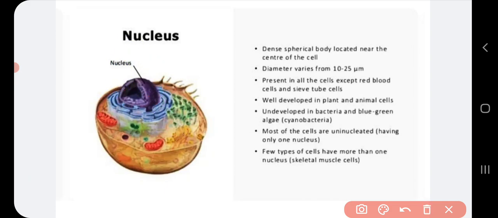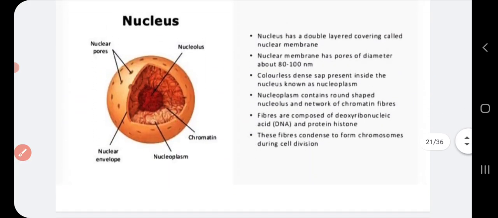Next, the nucleus and the nucleolus. In the nucleus, a small part called the nucleolus is present, along with nuclear pores. You can see the round structure in the center; that is the nucleolus. The nuclear envelope or nuclear membrane, the nucleoplasm and the chromatin are parts of the nucleus.